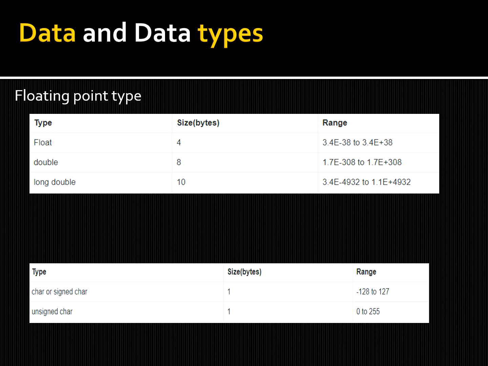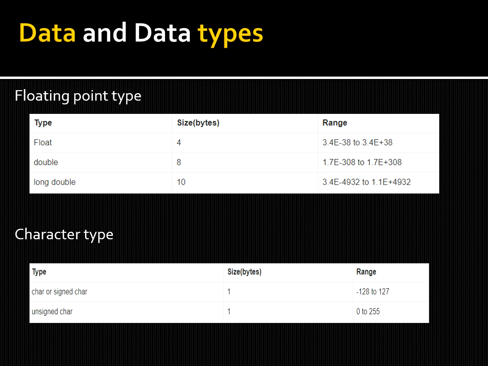So we have here the floating point types. For floating point type, we have float, 4 bytes, ranging from 3.4e-38 to 3.4e+38. For double, 8 bytes, ranging from 1.7e-308 to 1.7e+308.